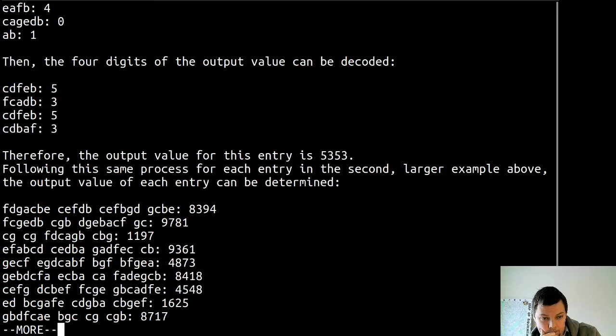No. Should be 8394 followed by 9781 followed by 1197. And I'm surprised it got the 8 wrong, because 8 is what you get if you have 7 digits.